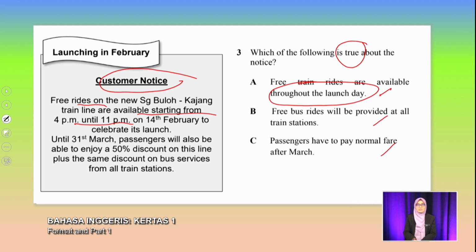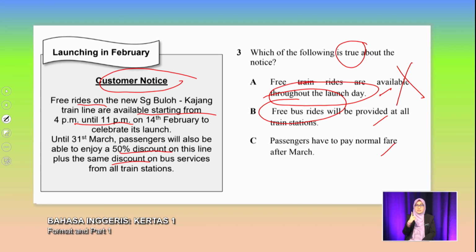No. Throughout the launch day means from the time it starts all the way till the end. So no. Free bus rides will be provided at the train station. Is it free? No, that's only a 50% discount.